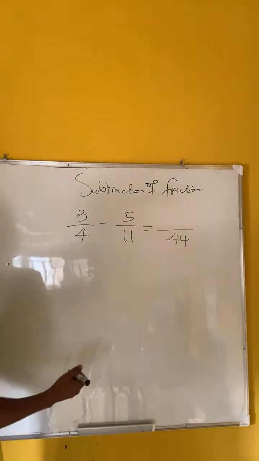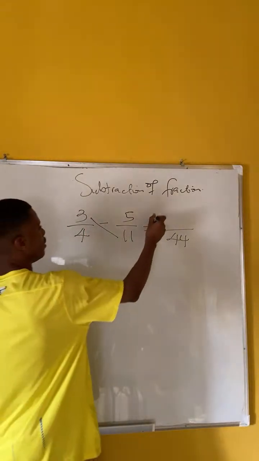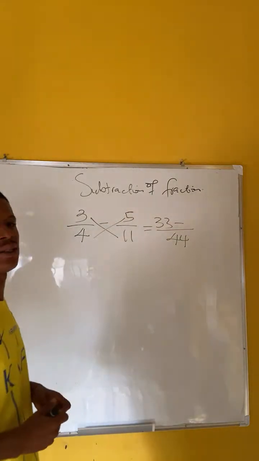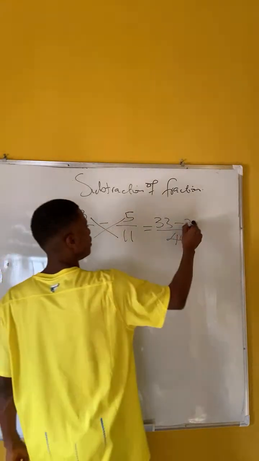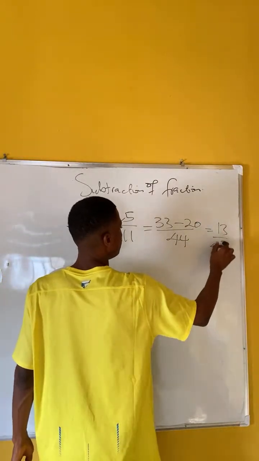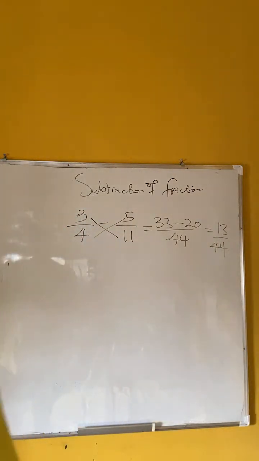Then multiply diagonally. 3 times 11 is 33. So you have 33 minus 4 times 5, which is 20. 33 minus 20 is 13 over 44. And that's the required solution.